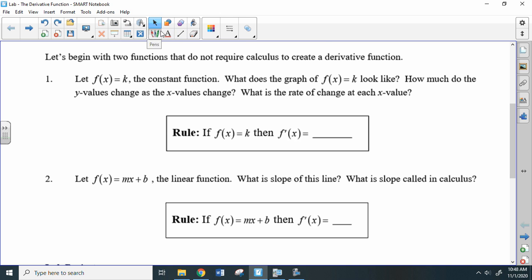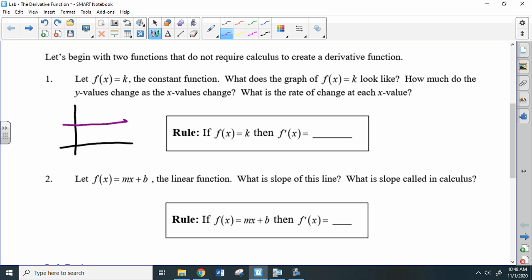Let's see if I can draw this. Let's say that we have this coordinate plane and a horizontal line that goes through y equals 3. I want to know how much the y values change as I move along the x-axis. If the y value is 3 the entire time, then the y value never changes. But the x values change all the time, so I'm going to call that the change in x.